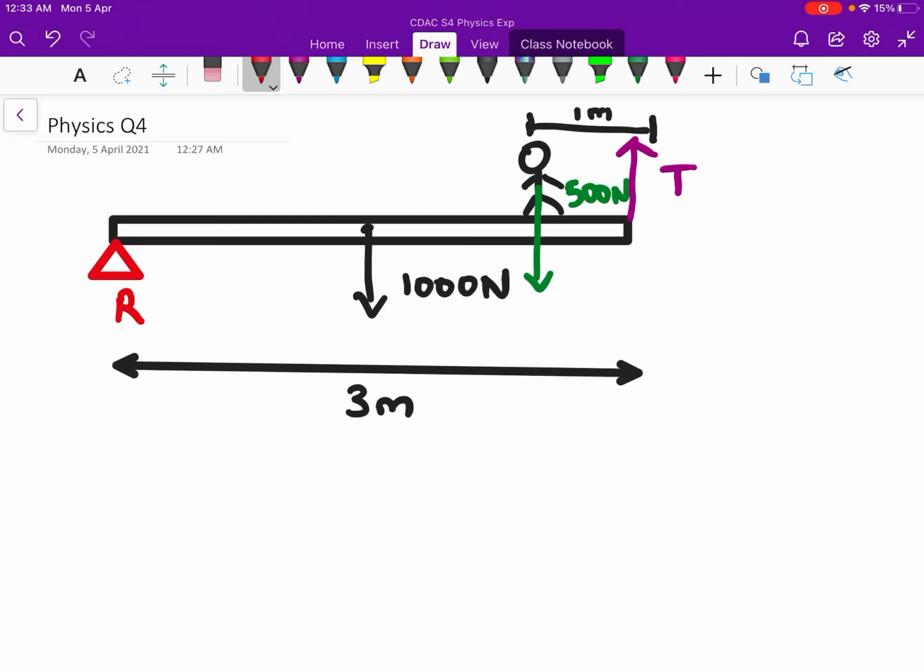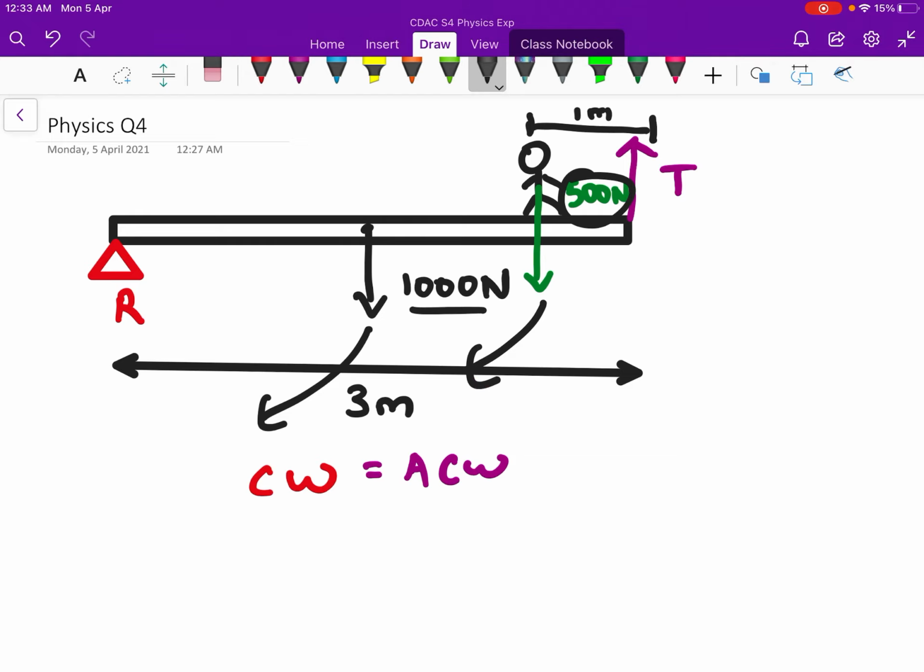So look at the diagram. How many clockwise moments do we have? Two, right? The 1000 Newton and the 500 Newton, because if we take moments about pivot R, the plank's weight rotates this way, and the weight of the man rotates in a clockwise manner.